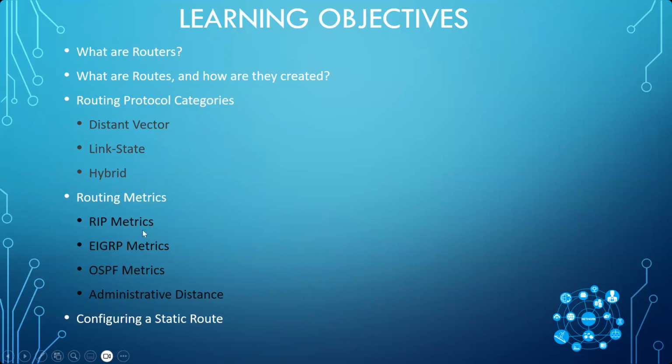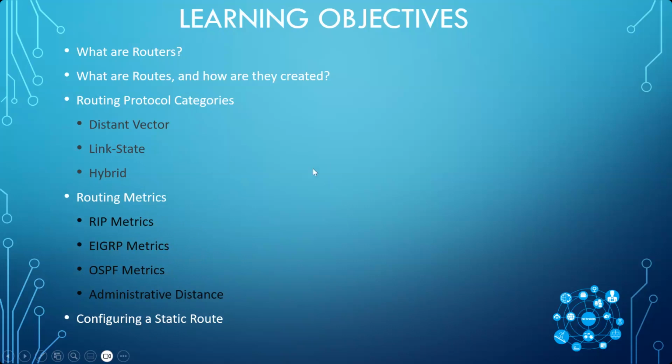Uh-oh. Which one should I choose if they both point to the same direction or destination? Oh, that's where administrative distance is going to come into play. Think of it as, I'm going to be the factor that decides which of these routing protocols is going to be right for you when you have both configured. Then we'll talk a little bit about configuring a static route.